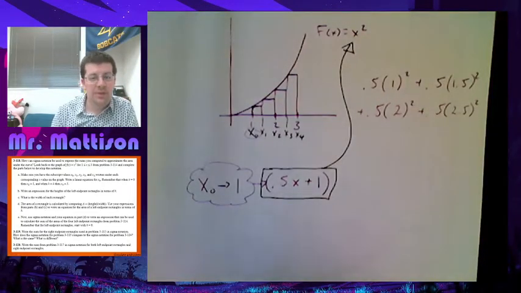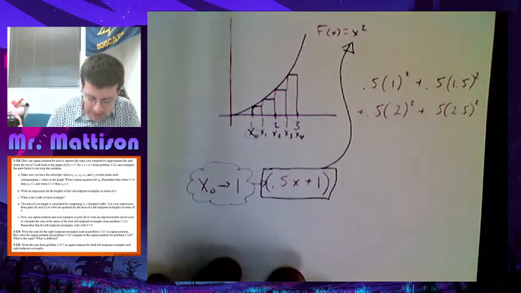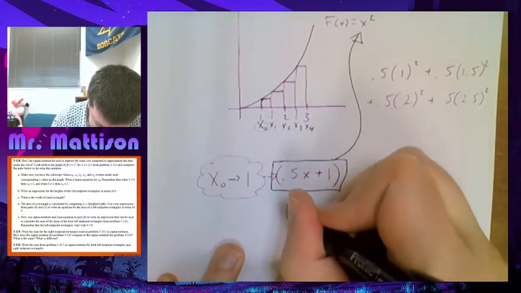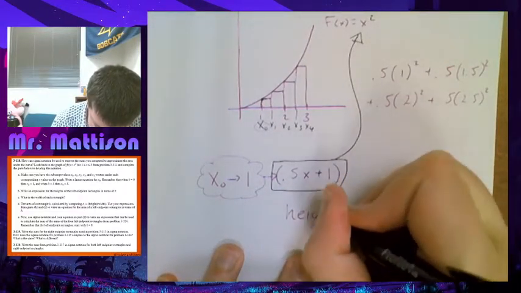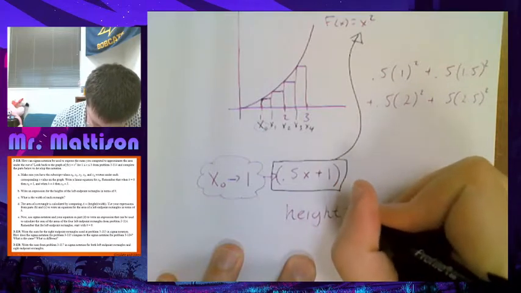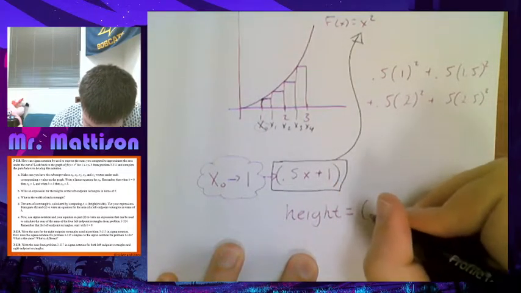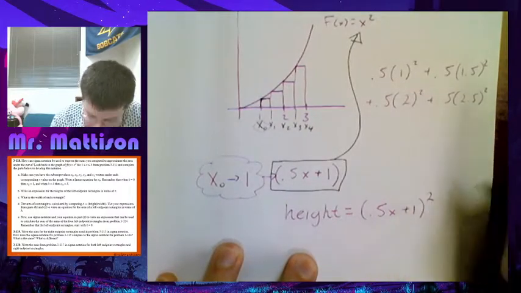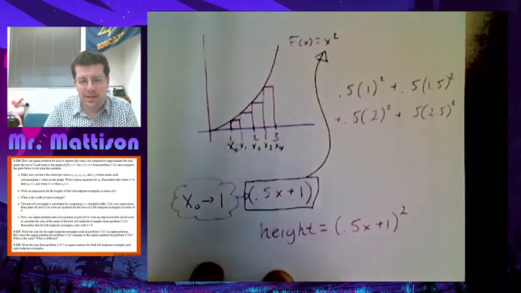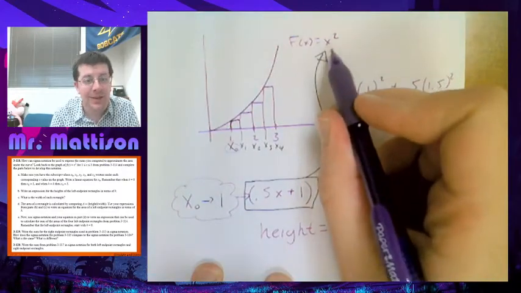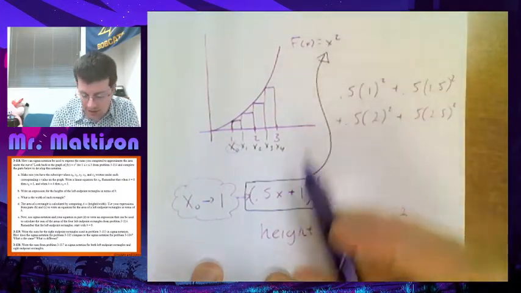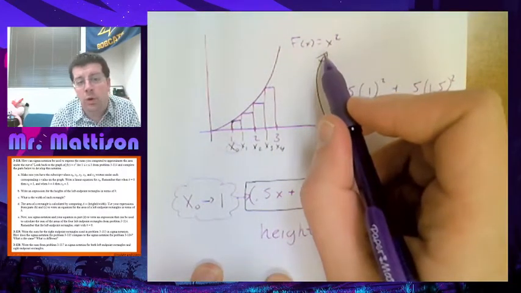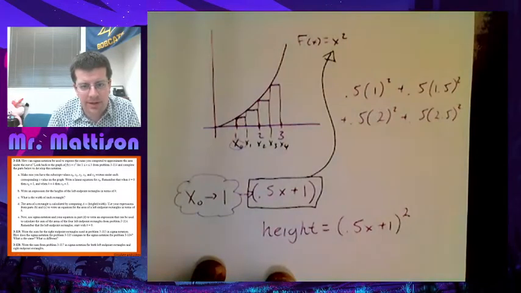My height is equal to 0.5x plus 1, squared, because it's just this plugged into that. If this was a more complex function, you'd plug this into whatever x's you had in your function.